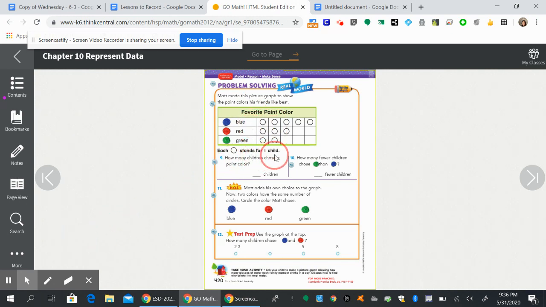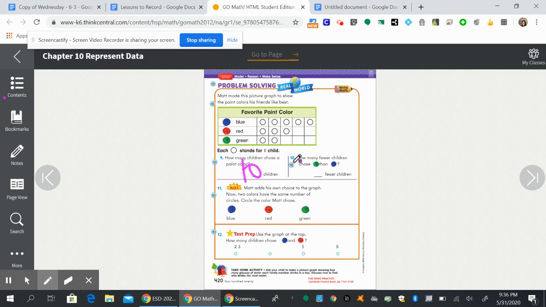And each circle stands for one child. So how many children chose the paint color? So you would count all of them. 1, 2, 3, 4, 5, 6, 7, 8, 9, 10. So 10 children voted.